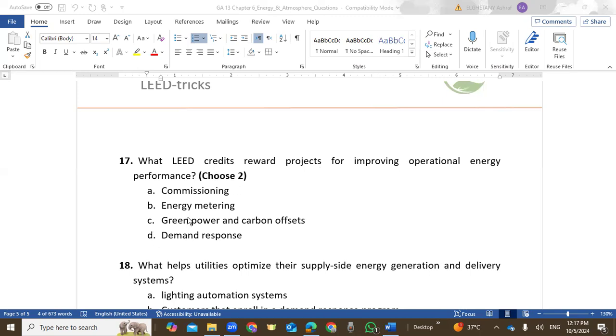Commissioning, energy metering, and demand response. Commissioning and energy metering are very good ways to improve operational energy performance.